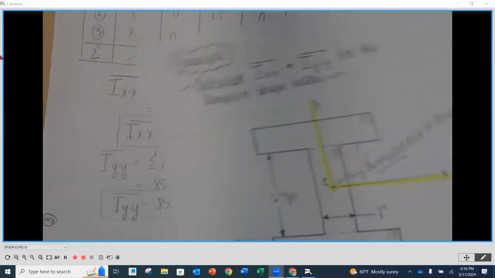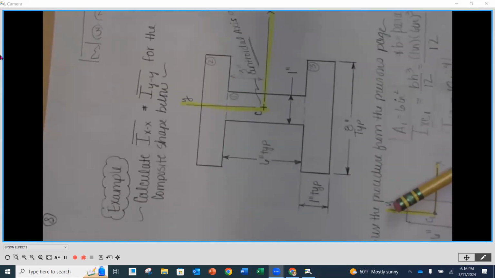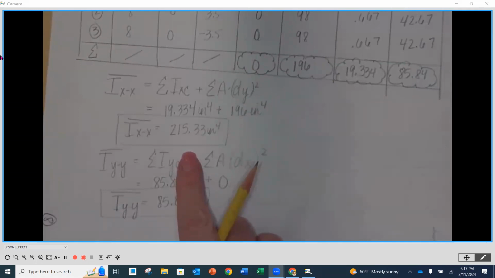With the X horizontal or with the Y horizontal? If I look back at my numbers, if I don't want it to deflect as much, which orientation will I want to set it in? In the X, right. I want it this way, because 215.33 compared to the 85.